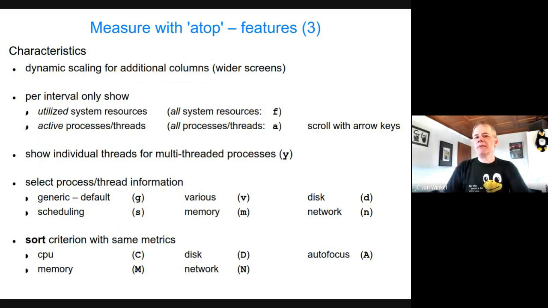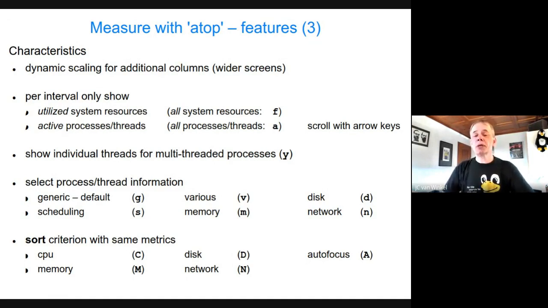Atop has several levels to slice and dice your data. You can zoom in on individual threads, for example. You can select per process to get more data about that specific resource, more information about memory, more information about disk I/O, etc. And you can not just sort based on CPU consumption, but you can also sort over other resources.